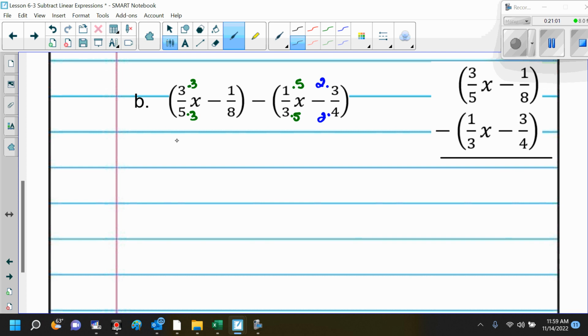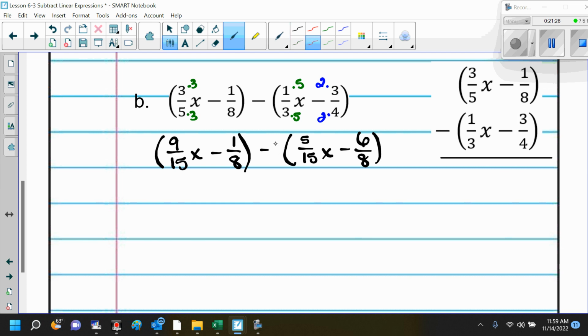Okay? So we've got 9/15 x minus 1/8, rewrite, minus, this is going to be 5/15 x, and then minus 6/8. Everybody with me so far?